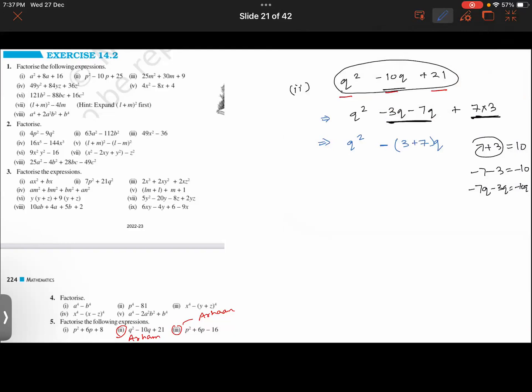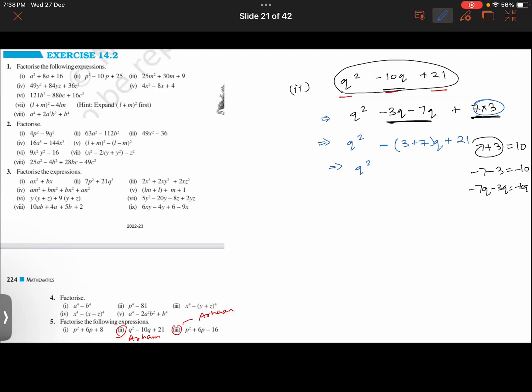3 plus 7 into q plus simply 21, we are writing it only as 21. Now further, if I see q square minus 3 plus 7 into q, let's further open this bracket. If you were to open it, again we are doing basically the same thing.